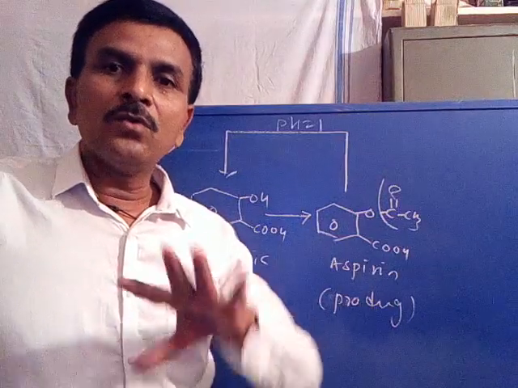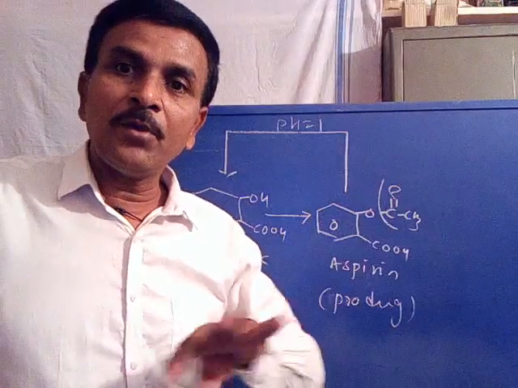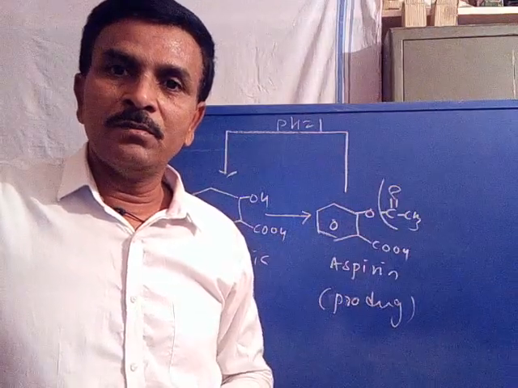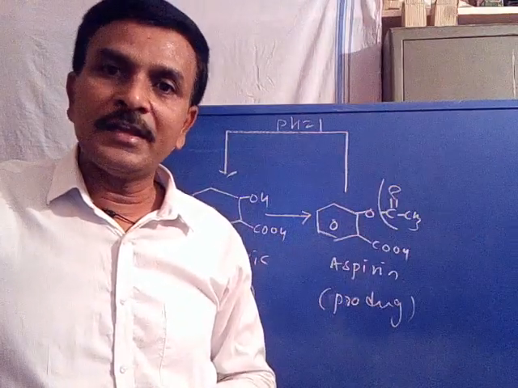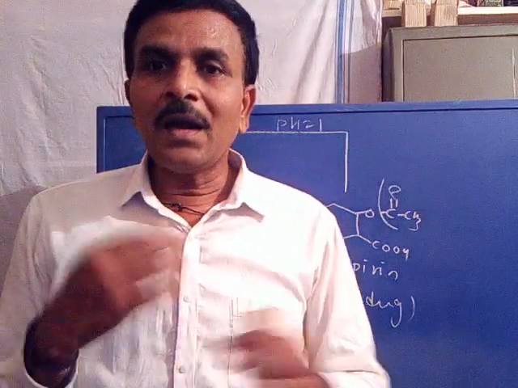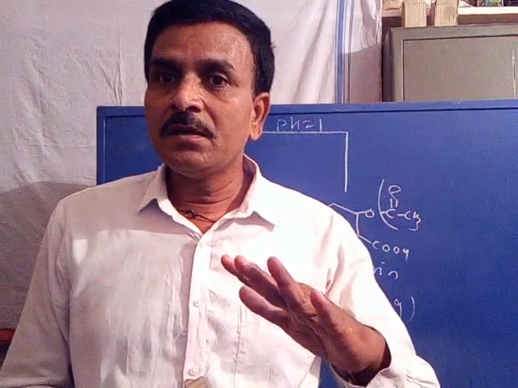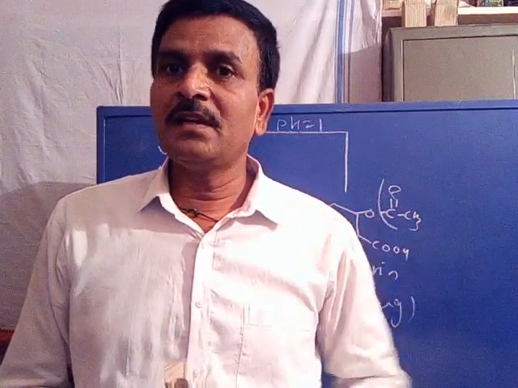Is it clear? So we have masked its strong acidic nature by protecting a functional group, transforming it into an inactive form. So this is about prodrugs. Now all the prodrugs are designed based on the pH condition available at the target.